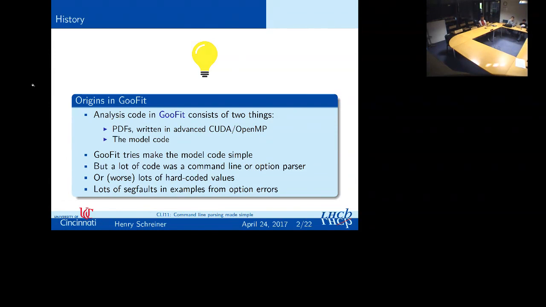But a lot of this code in the examples and in some of the analyses that I looked at was really just setting up command line parsing. Or worse, it had a lot of hard-coded values and you had to recompile everything each time. And there were lots of separate files sitting around. This provided a lot of the seg faults in examples if you just didn't set up the options just right.